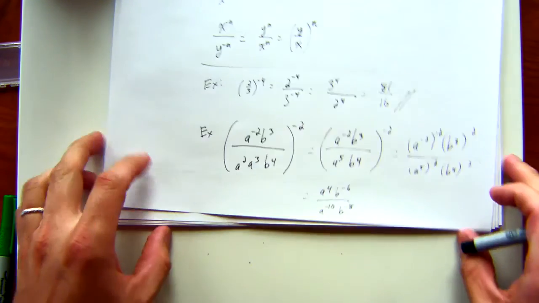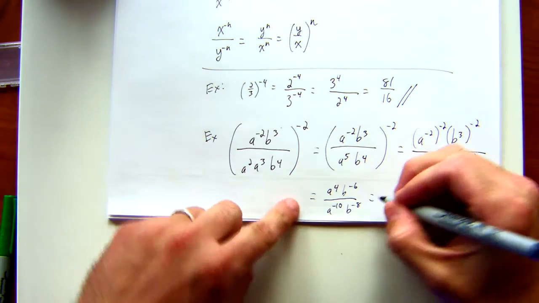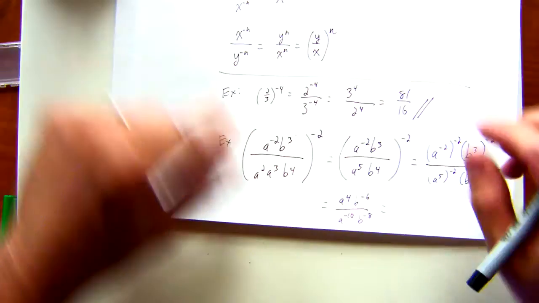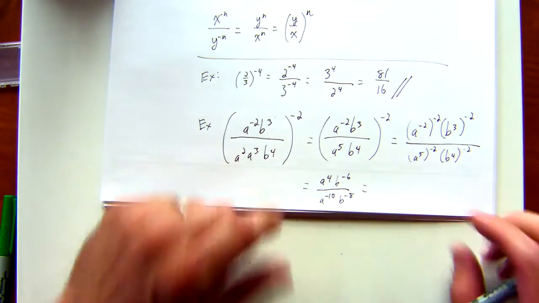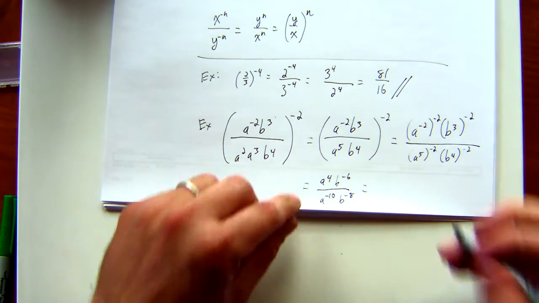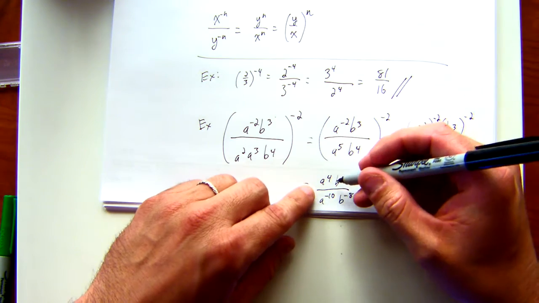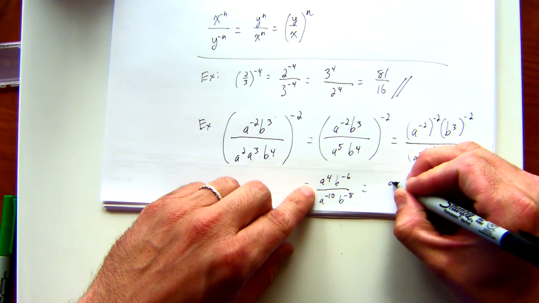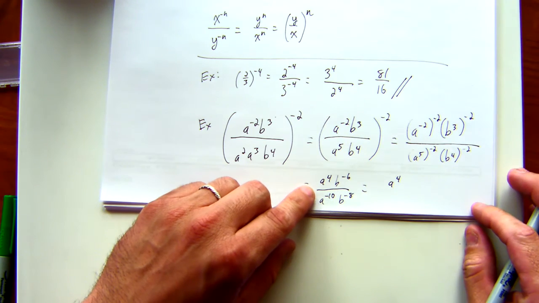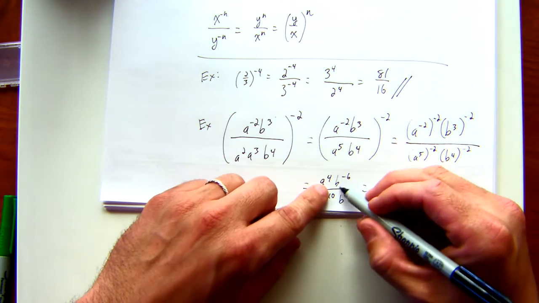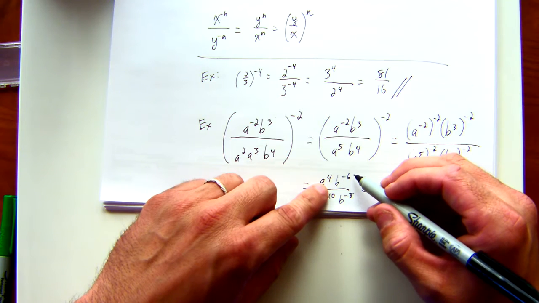Okay. Now let's use our rule about negative exponents on each one of these 4 terms that I have. Now the a to the 4th doesn't have a negative exponent, so nothing's going to happen with it. It's going to say a to the 4th. What is this b to the negative 6 going to do?